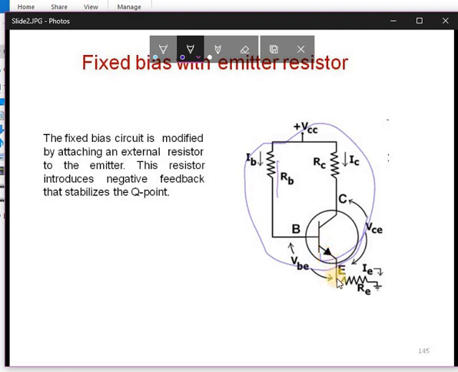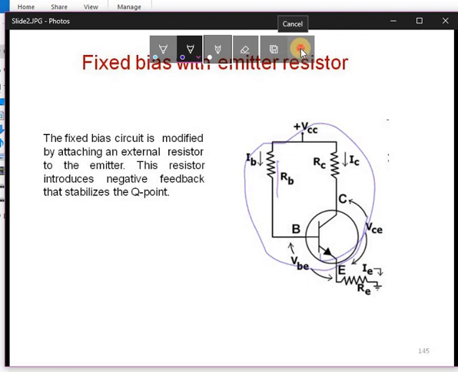Due to the connection of this emitter resistor, which introduces negative feedback, the Q point is stabilized. In the fixed bias circuit there is no emitter resistor, but in the modified version we externally connect one resistor to the emitter, which provides the negative feedback that stabilizes the Q point.